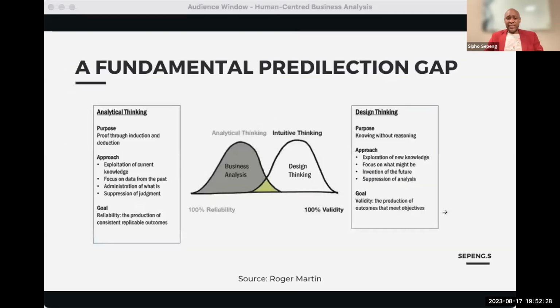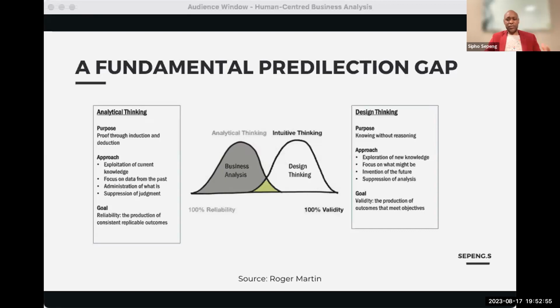And so we'll look at this slide that Tsepo brought up at our 2018 BASA workshop, where it looks at this predilection gap between business analysis and design thinking. We looked at Dr. Roger Martin's work on this predilection gap to really understand where we could integrate the practices.